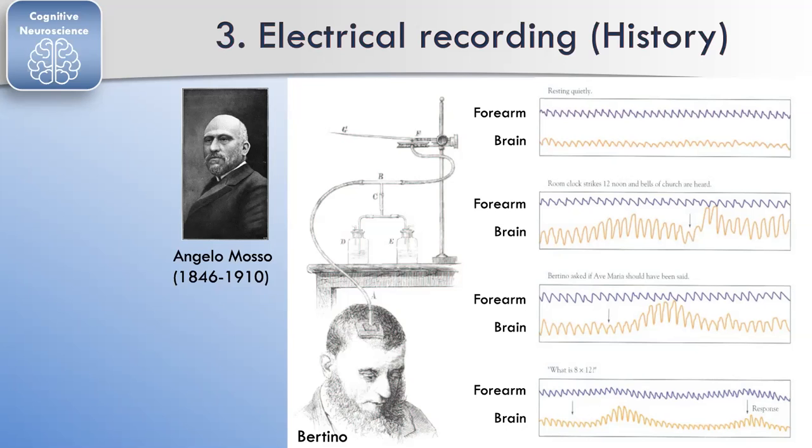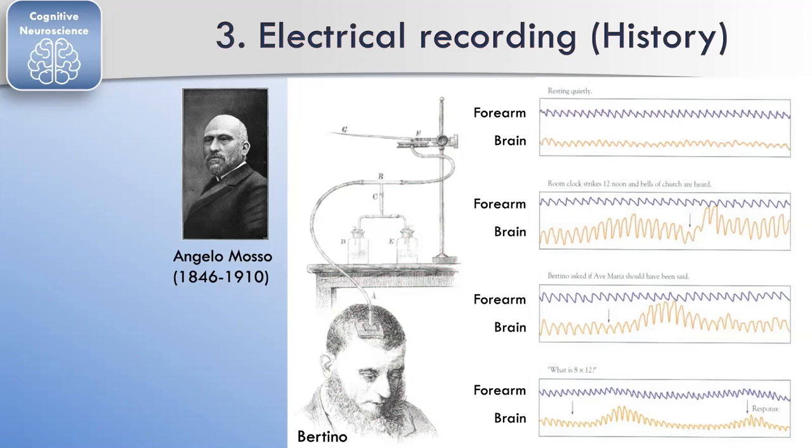So the forearm is, you know, we would call it a control now. And the idea was to see whether more electrical activity was going on in the brain if Bertino was resting versus hearing church bells versus thinking about saying prayers after the church bells ring versus doing certain mathematical functions.